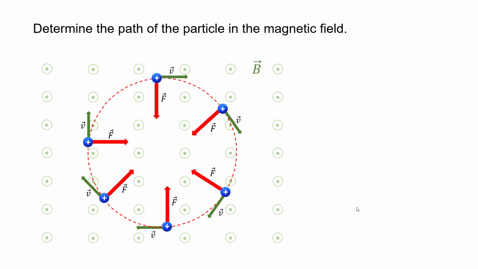There's a formula for centripetal force, which is mv square over r. In this case, the centripetal force is the force due to the magnetic field, which we know is given by qvB sine theta.